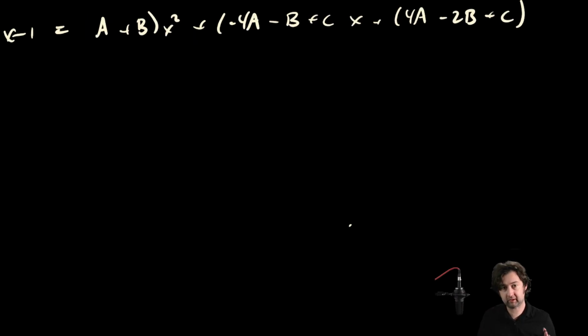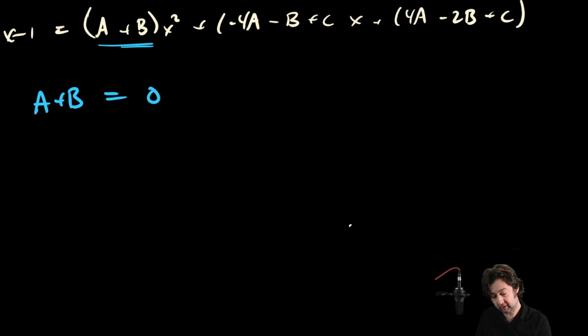So now I'm going to try to find a, b, and c, and I'm going to do it by setting up a system of equations. There is no x squared term on the left-hand side. So I'm going to say, well, the coefficient on the right-hand side then must be 0. a plus b must be equal to 0.